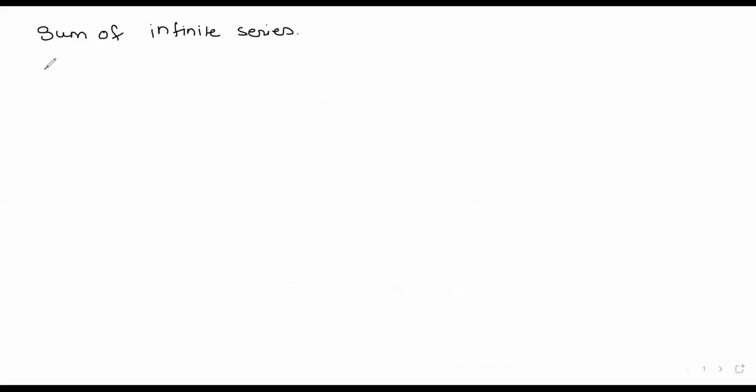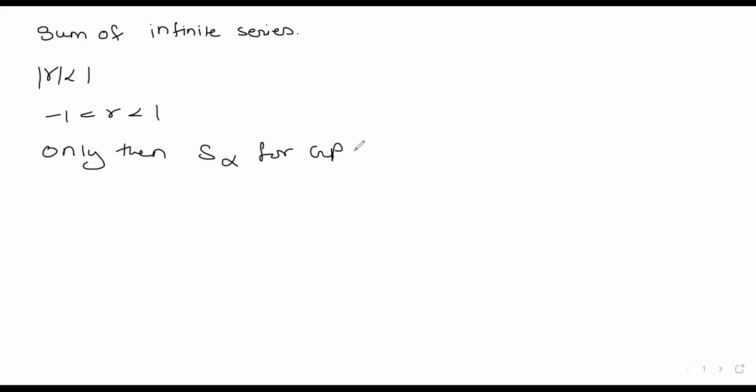Now, if r is less than 1, or if I say r is in between +1 and -1, only then sum up to infinity for GP exists. So if the value of r is in between -1 and +1, only then sum up to infinity exists, otherwise it does not exist.